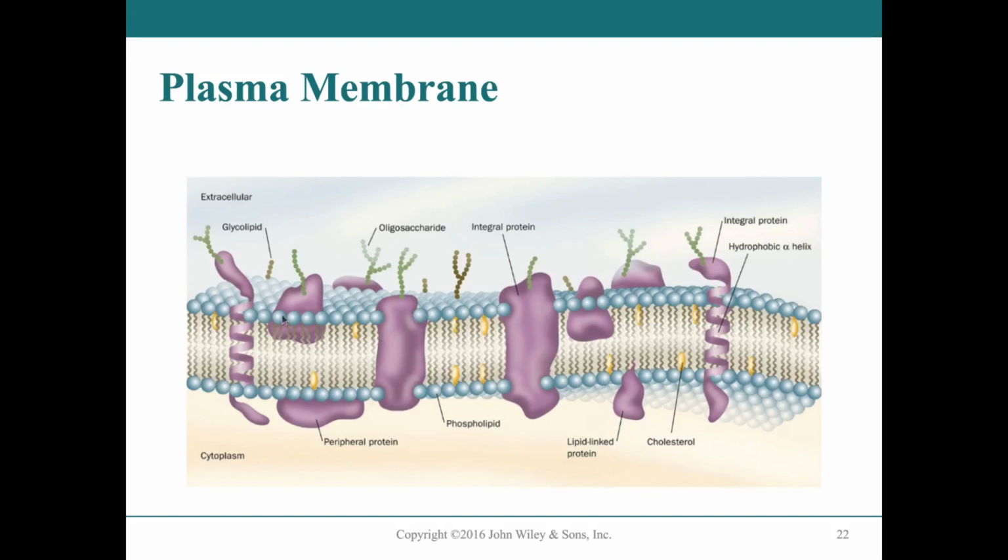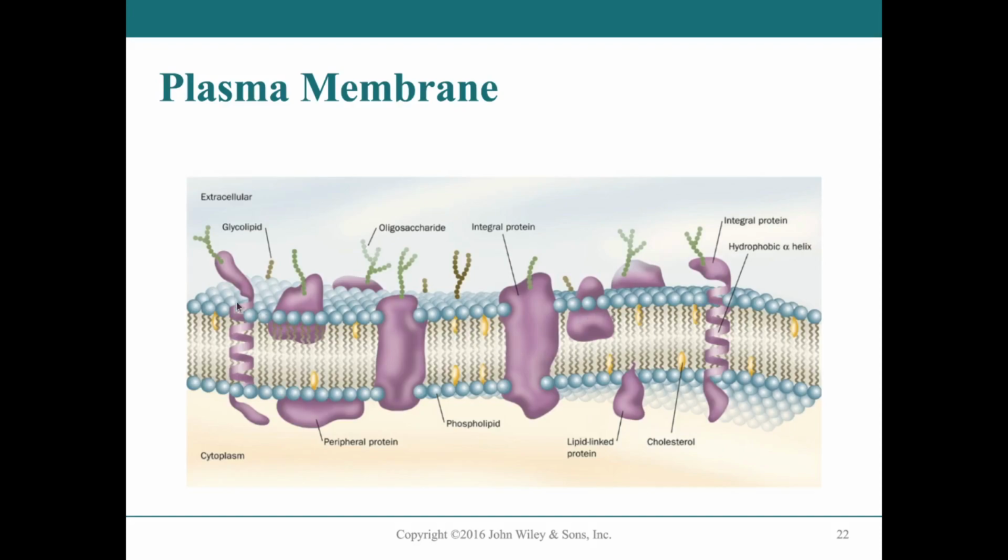They can be just floating at the surface, like the peripheral proteins, or they can be like an iceberg, so you have a tip at the top and a large submerged part in the interior of your membrane.